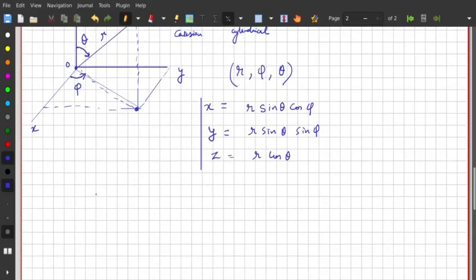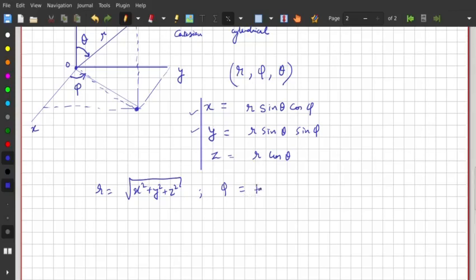Similarly, let's write the inverse transformations. r is the square root, the distance from the origin, of x square plus y square plus z square. And phi can be found by dividing one equation by the other, which gives tan inverse of y over x.